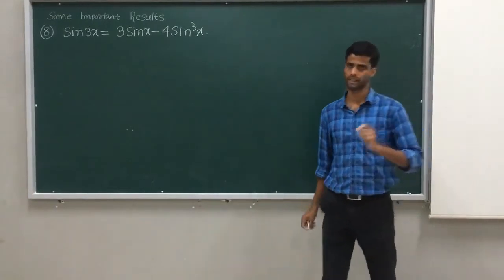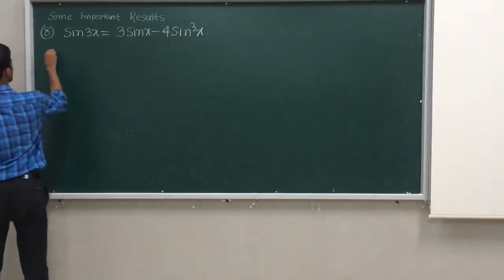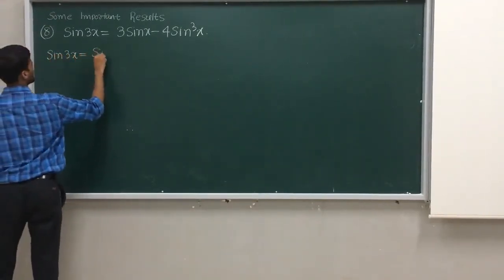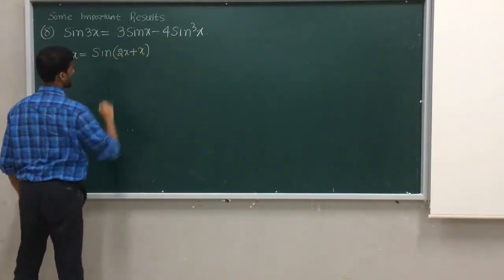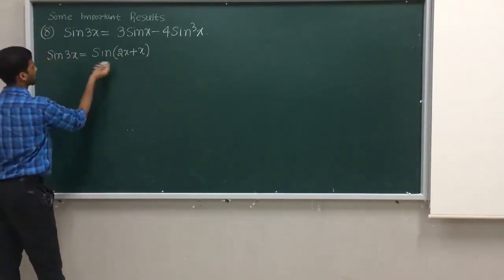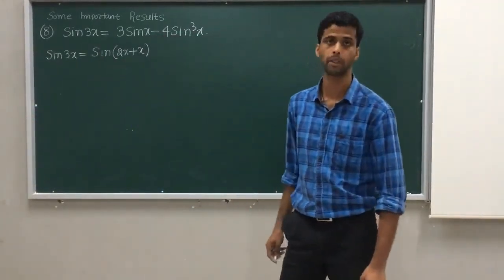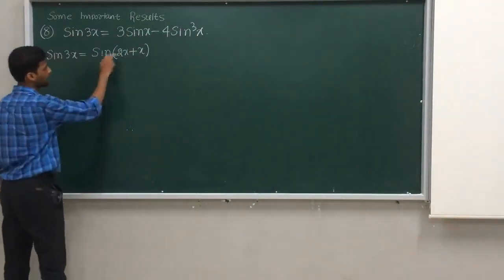One simple method I want to tell you, so that you will get the answer in a quicker way. Sin 3x, you can write as sin of 2x plus x. Am I right? You may ask, why can't I write 4x minus x? But I don't know the sin 4x expression. That's why I used 2x plus x, because I know the sin 2x expression.